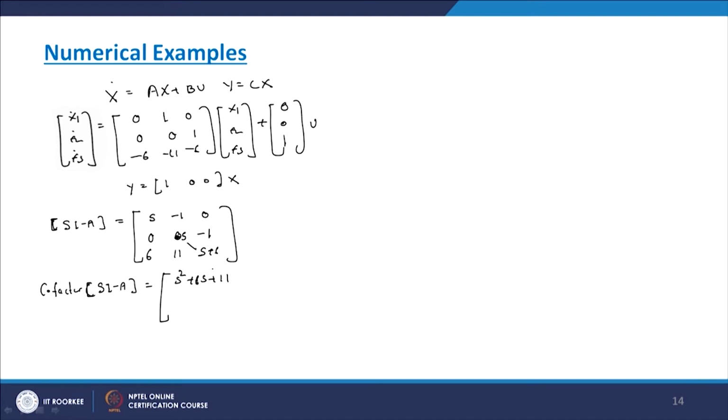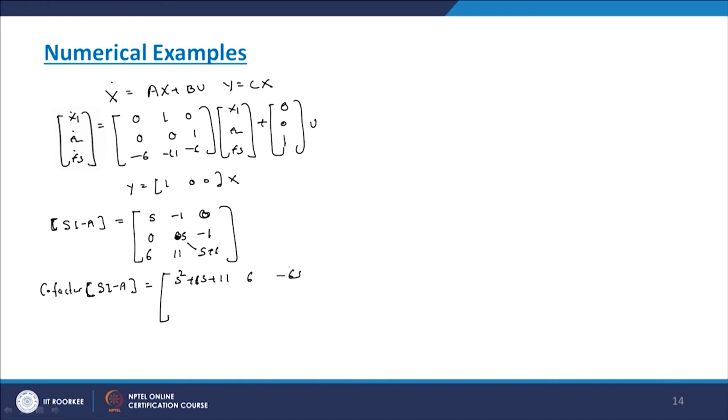Now, about this element, minus 1, here you have to remove this row and this column. So, the multiplication is s plus 6 into this, and minus 6, and minus of minus 6 is plus 6. So, s square plus 6s plus 11, and here is 6. For this element we multiplied 11 and minus 6s, so that is minus 6s here.